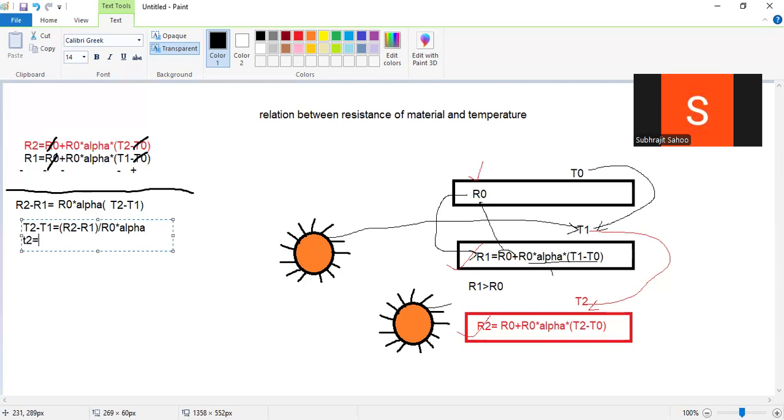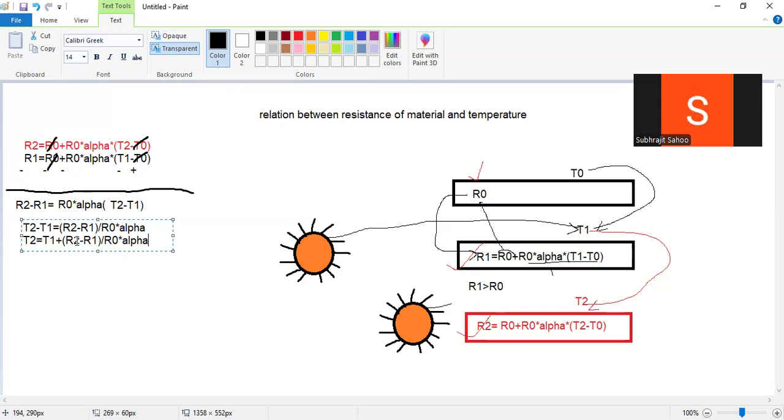T2 equals T1 plus R2 minus R1 divided by R naught into alpha. So this is the relation between temperature T2 and T1. Why this derivation? You have to remember these two formulas: T2 equals T1 plus R2 minus R1 divided by R naught into alpha.